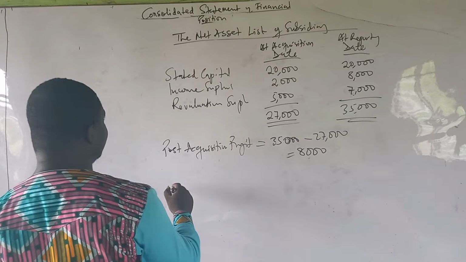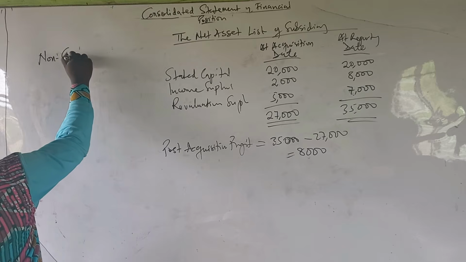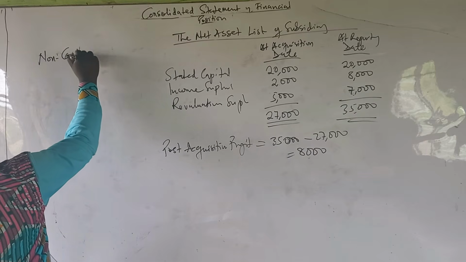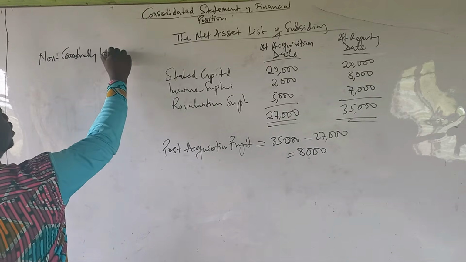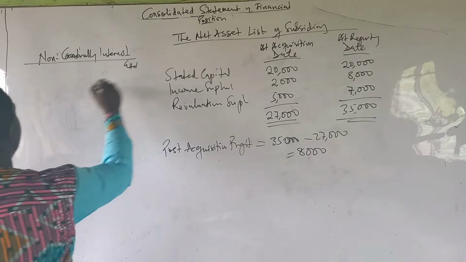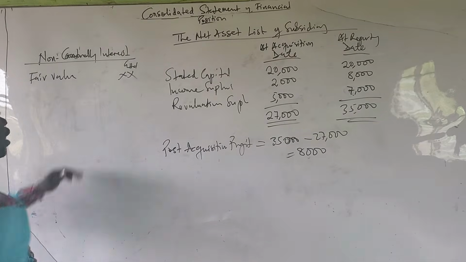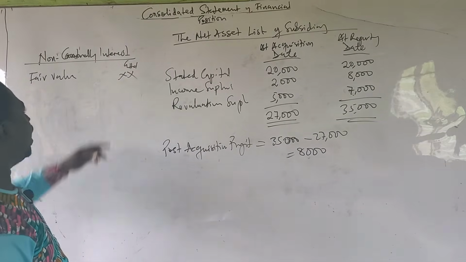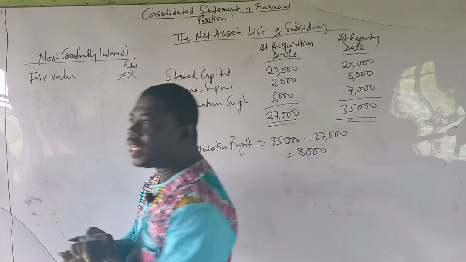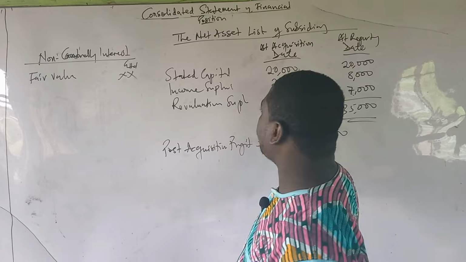Remember that I've told you that in this case, the non-controlling interest format is going to change. Non-controlling interest. This time, when the fair value of non-controlling interest is given, it's going to be the fair value. And remember that I have told you that this fair value comes to replace the stated capital at acquisition and then the income surplus at acquisition.